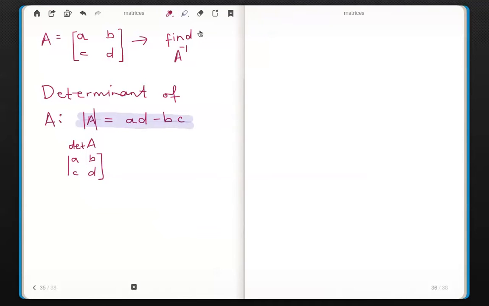So you can see it's like saying these two minus these two.